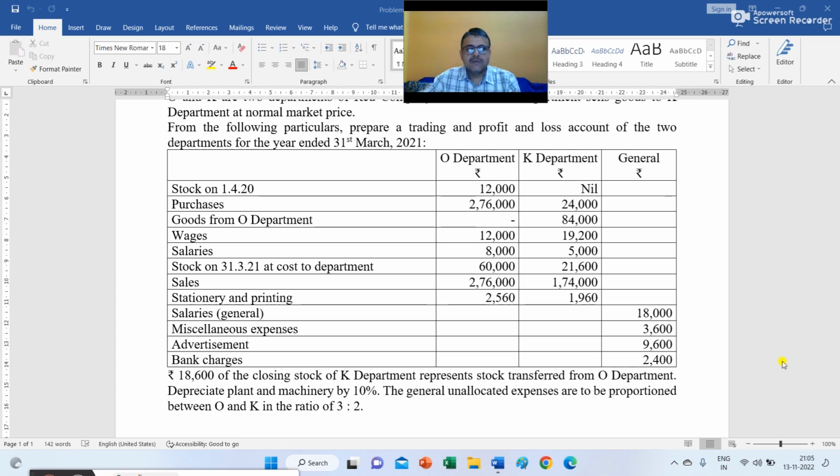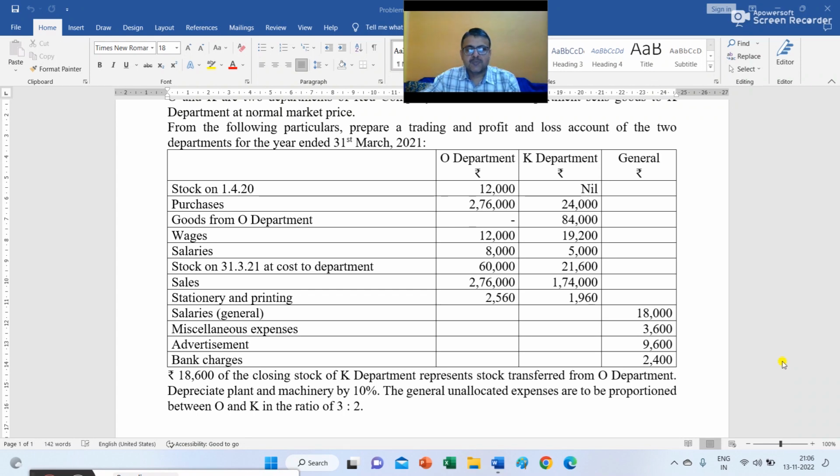Sales 2,76,000 for department O and 1,74,000 for department K. Stationery and printing 2,560 and 1,960. Salaries 18,000, and this is a common expense for both the departments.